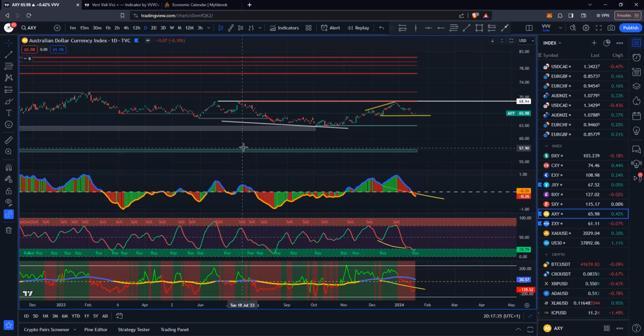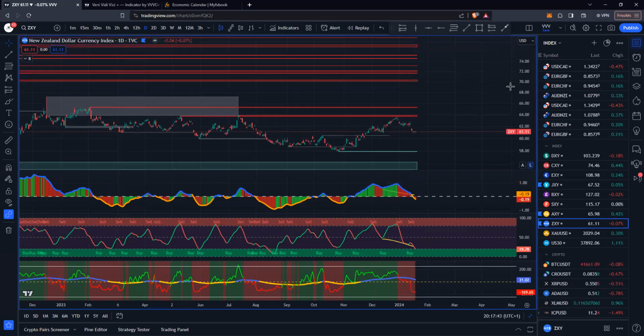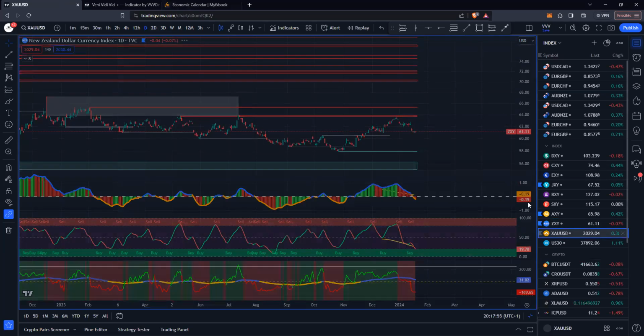Okay, because the momentum itself wasn't confirmed, and that's why, same on the ZXY, but here is a huge gap. I would say even if it makes a retest or something, this should continue to the downside, and that's the second part of the week, in my opinion.